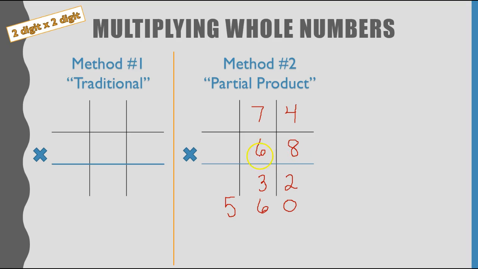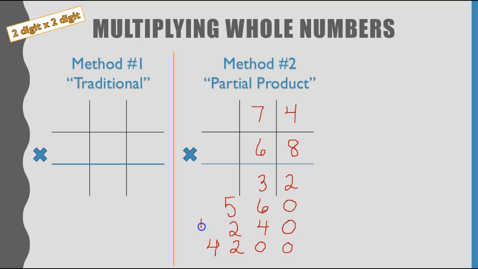Next, we're going to go over to the 6, which really isn't a 6, it's a 60. So I'm going to say 60 times 4 would be 240. And then I'm going to say 60 times 70, which would be a really big number of 4,200.